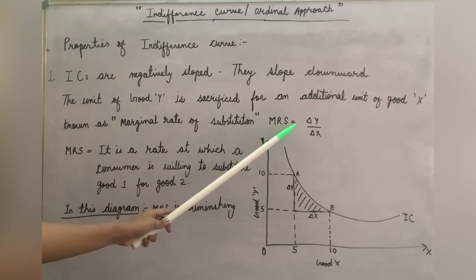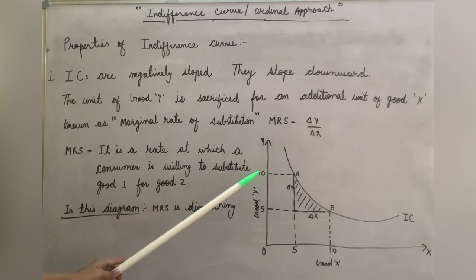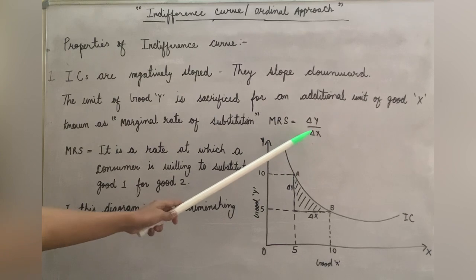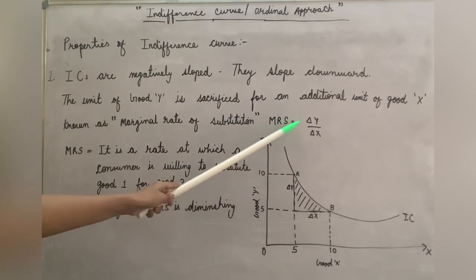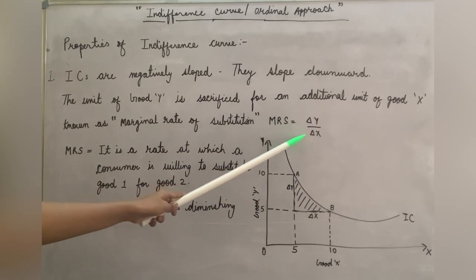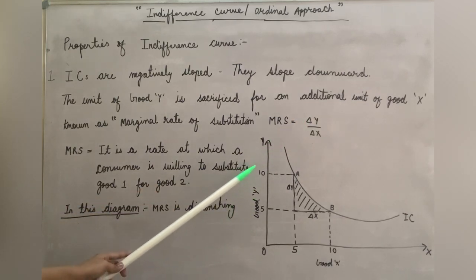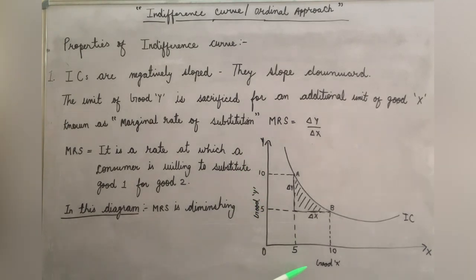MRS is equal to change in Y upon change in X. As we are changing commodity Y from 10 to 5 and commodity X from 5 to 10, what we are decreasing we show on the Y axis and what we are increasing we show on the X axis. As you already know, we show the loss on the Y axis and the gain on the X axis.